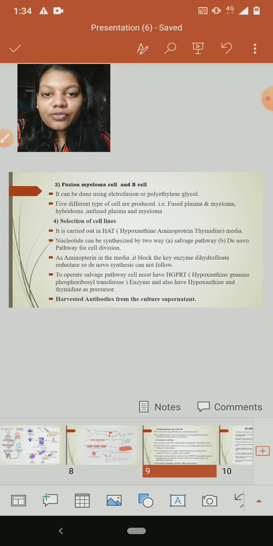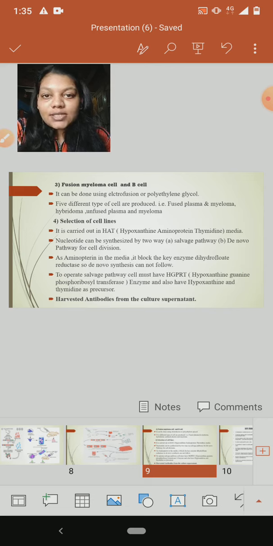5 different types of cells are produced: fused plasma and myeloma, that is hybridoma, unfused plasma and unfused myeloma. Selection of the cell line is carried out in HAT medium, hypoxanthine aminopterin thymidine medium. Nucleotides can be synthesized by 2 ways for cell division, the salvage pathway and the de novo pathway.